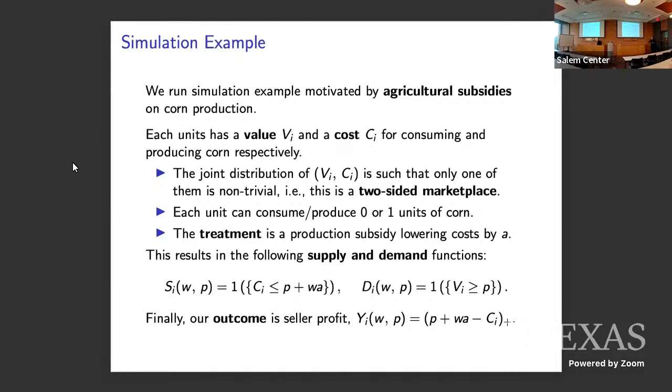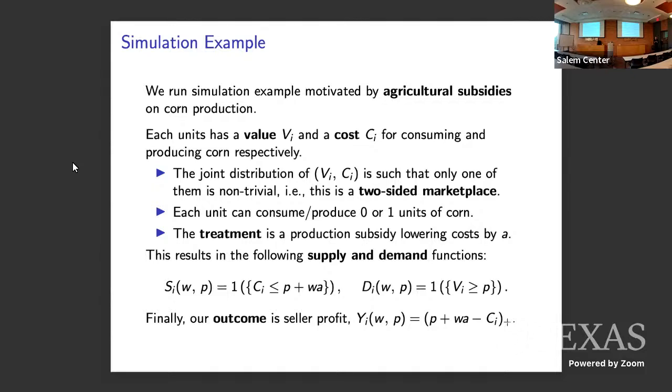Every person's type is governed by their value and cost, so these have some distribution. We don't need this, but we're going to assume that everyone is either only a producer or only a consumer. Only one of B or C is non-trivial for each person.